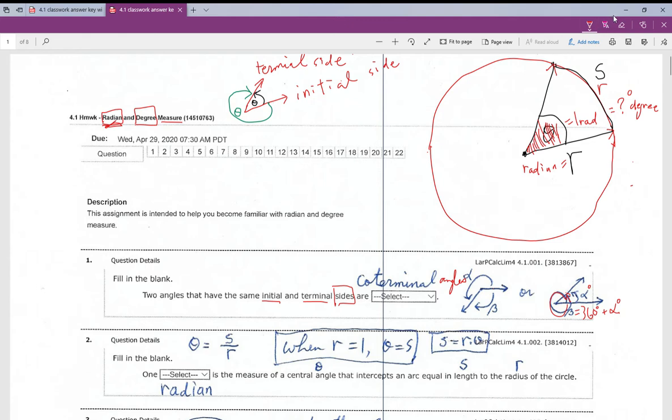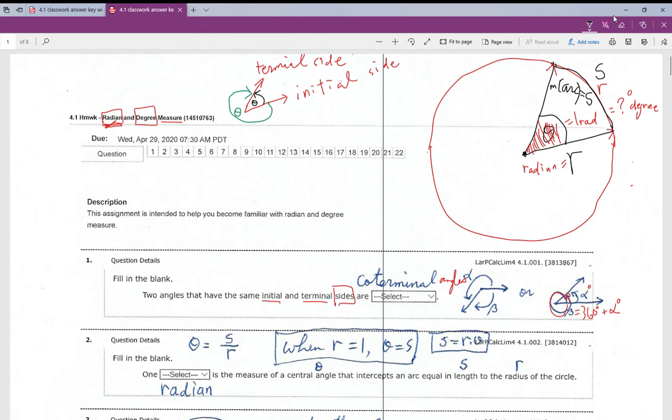Now, usually, if you have an angle inside a circle, this angle will open and intersect the circle with an arc. The length of the arc, we call it S. So if S equals R, we call it 1 radian.